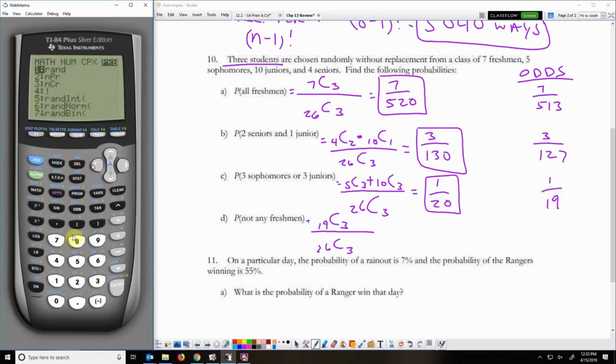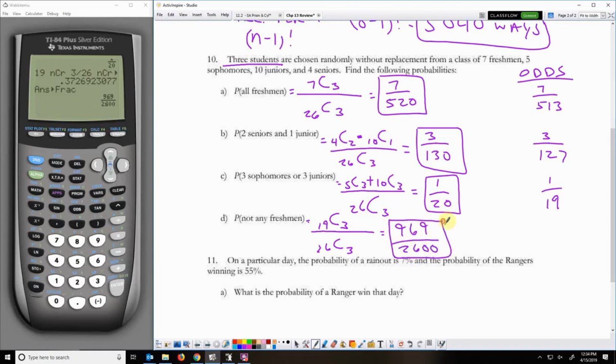Let's try that again. 969 out of 2,600. 969 ways of success out of 2,600. Okay, so if I turn that into odds, I would subtract that from 2,600 and get 1,631, so it's 969 over 1,631, my success to failure.